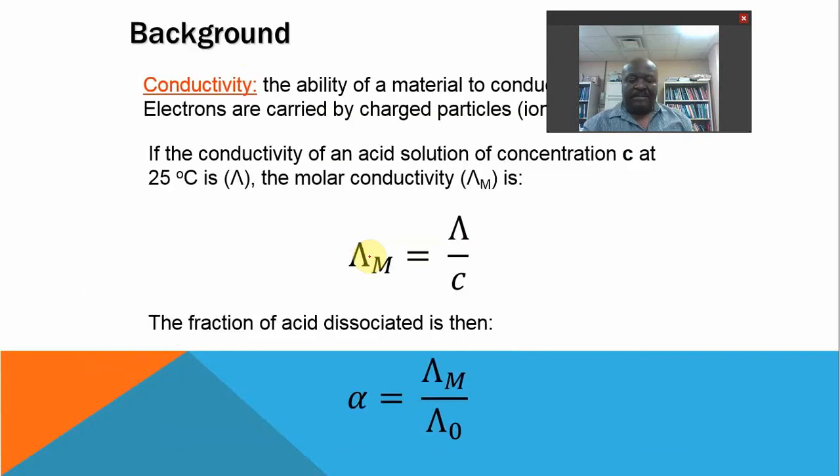So, going back, if we can find this for the particular weak acid or species, then we can calculate alpha. And it turns out that'll take us to our goal. What's our goal? Ka, Kb.